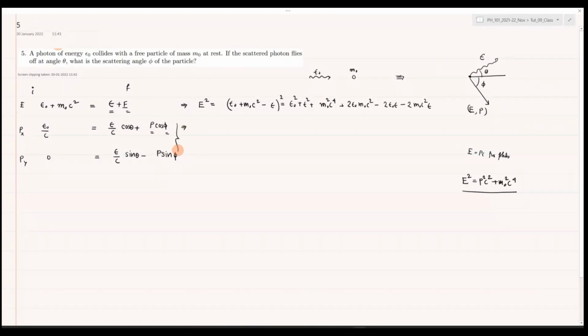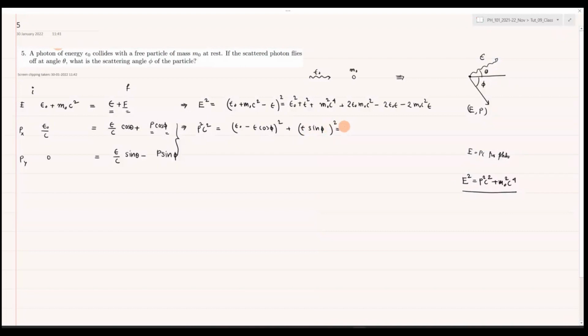Yes. From these two, I want to write p cos theta on one side and p sin phi on the other side, then square it. So let me find P square c square. It will be epsilon 0 minus epsilon cos phi whole square plus epsilon sin phi whole square.